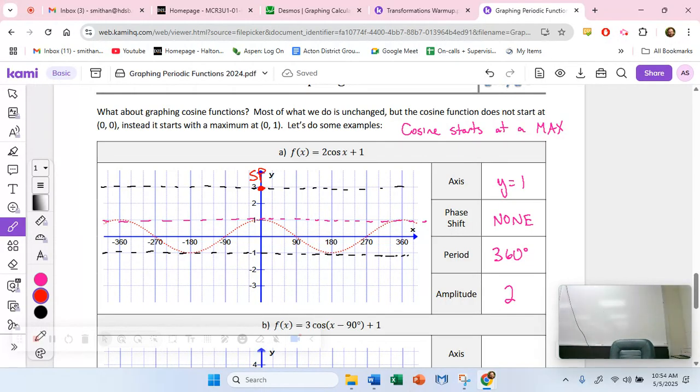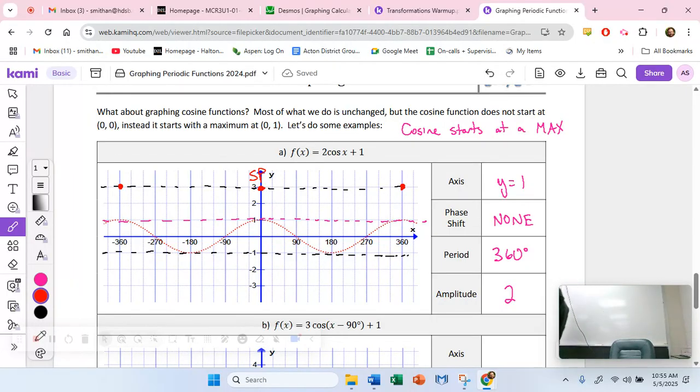With cosine, we've got our starting point, but things are a bit different. This is not on the axis, but if you know the period is 360 and there's a maximum here at 0, then in another 360 you're at the next maximum. So let's do another maximum 360 down the road. We're just using the fact that it's periodic. I'll go back the other way too.